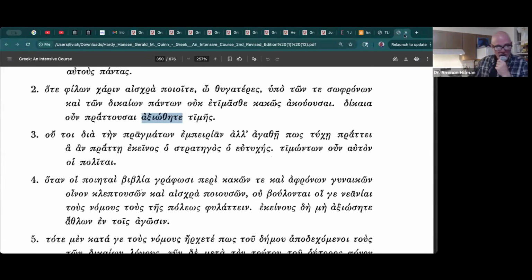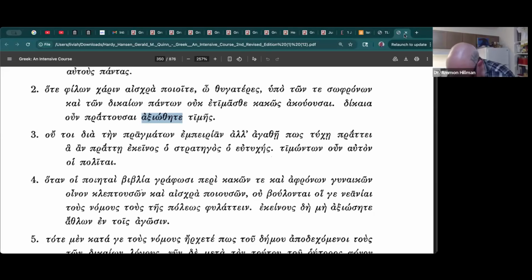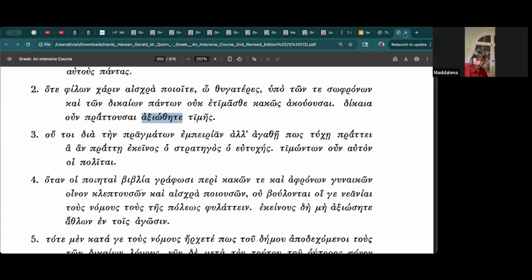Sometimes LSJ. Okay, what verb is it from? No, to think worthy of. I thought this one was one of the new ones, right? So new endings. We've got to identify it, or we're not going to know how to translate it, right?